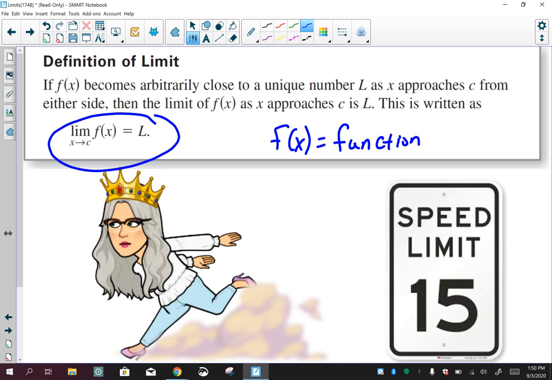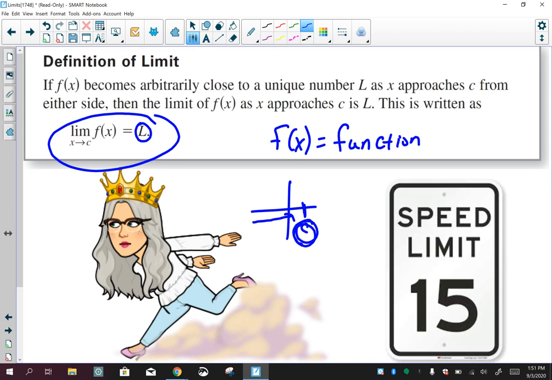As x approaches c, we have some value on the x-axis that we're going to look at, and we are going to approach this value. So this c value is the x value that we are going to focus on. And then when we get to that point, your answer is going to be L. L is simply your y value at that c value.